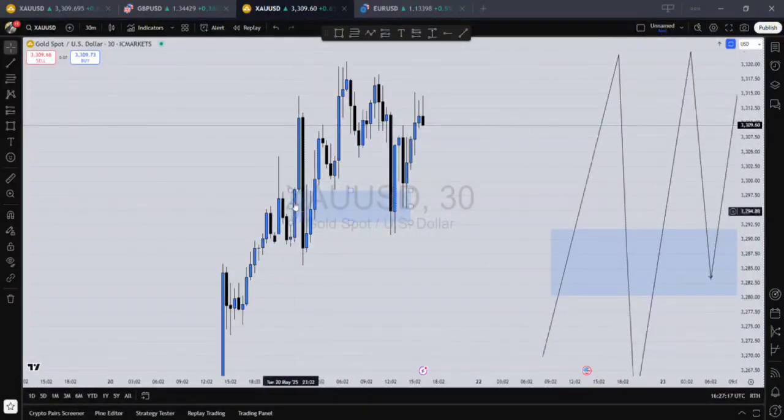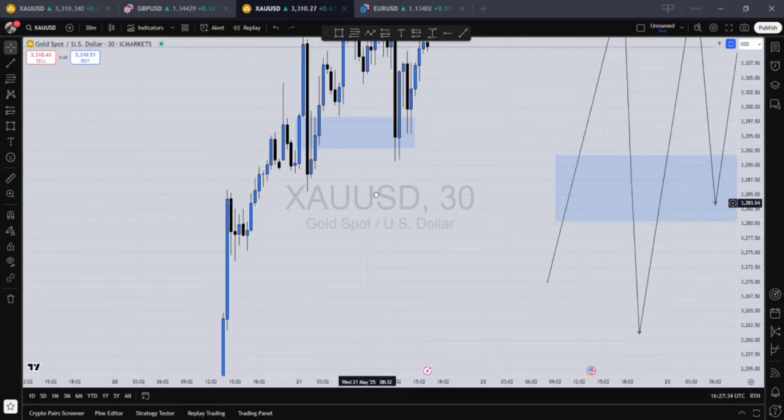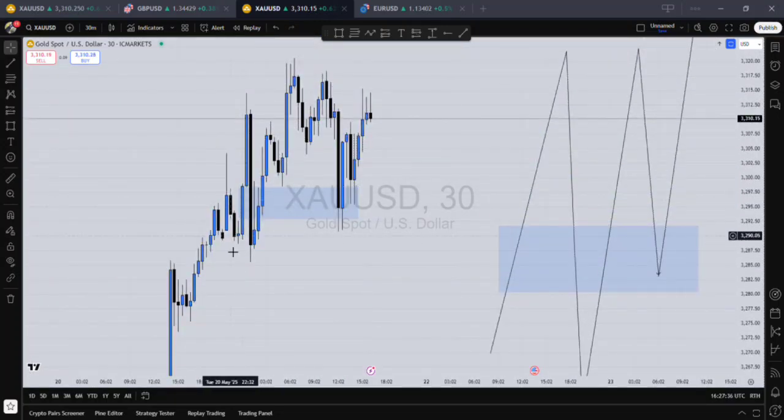This fair value gap was a fair value gap before price passed it. Because it failed to react, it became an inversion fair value gap. Price passed it the first time, the second time, and even tried to pass it the third time before it reacted. So this is a clear example of an inversion fair value gap.